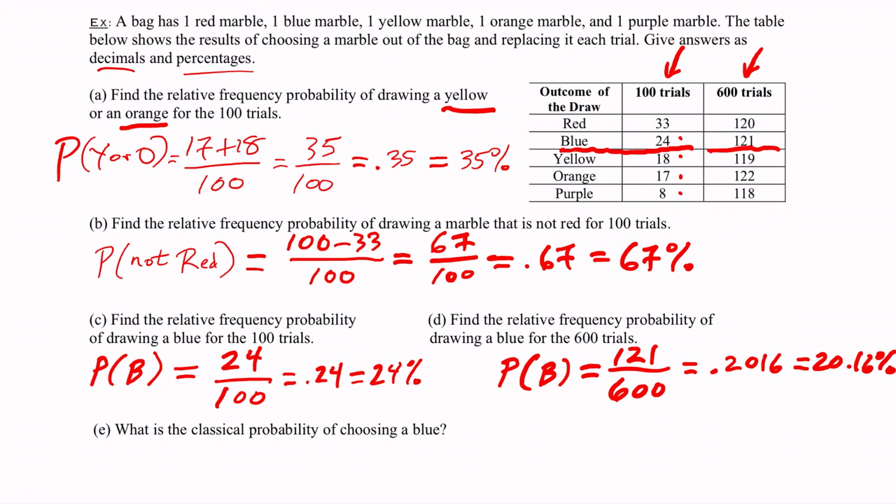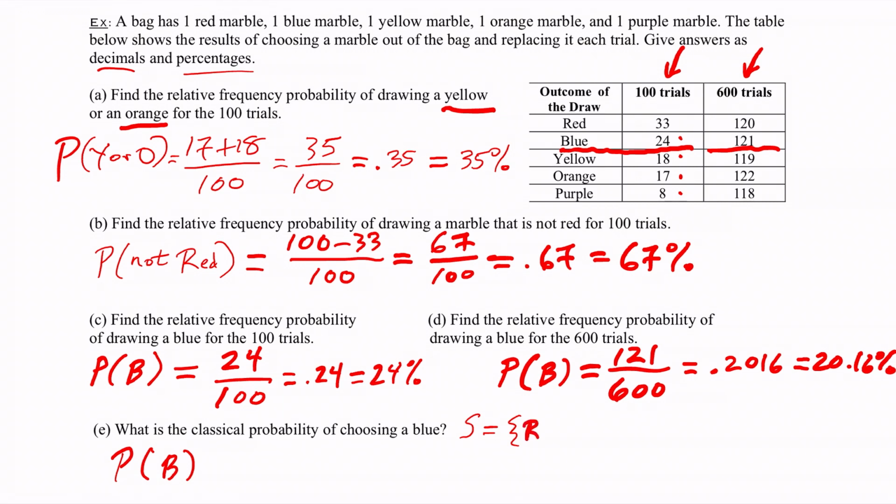And what is the classical probability of choosing a blue? So now we would just consider the sample space of our experiment, which, remember, really is just the 5 possible marbles that we could choose from. Every time I pick a marble out of the bag, it's going to be one of these 5 marbles.